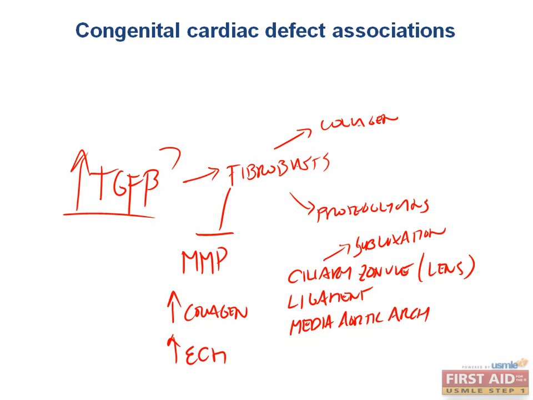Remember, proteoglycans retain fluid. These will have very loose lens supporting structures. They will subluxate or fall out of position. And then also they'll have very lax ligaments. They can literally bend their fingers back on themselves. And then they're at risk for aortic dissection because they have very weak aortic arches, particularly due to the defect in the media.